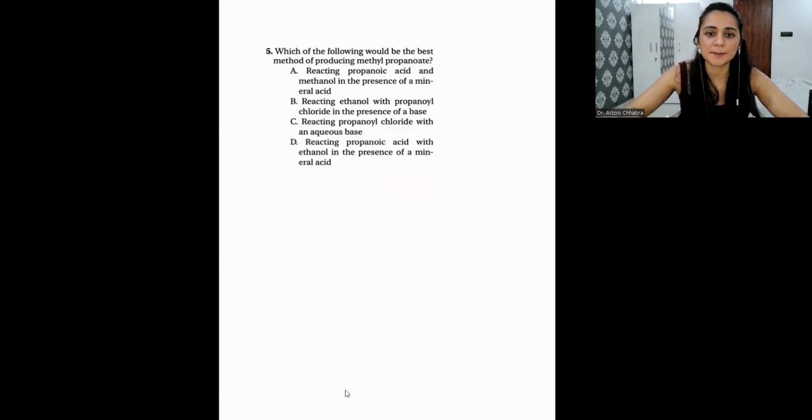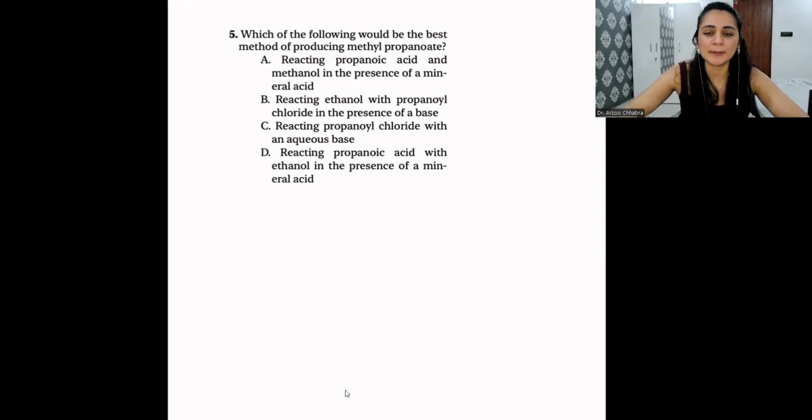Okay, next problem. Which of the following would be the best method of producing methyl propanoate? First things first, let's draw out what methyl propanoate is. So 1, 2, 3, propanoate, and then double bond O at the 3rd carbon.